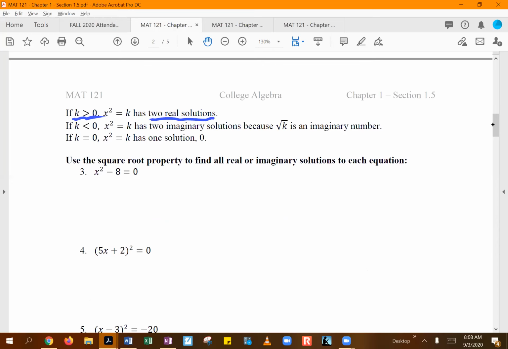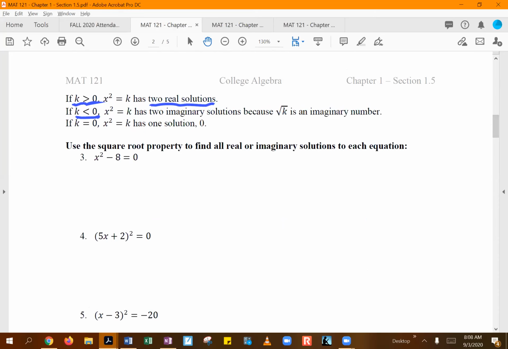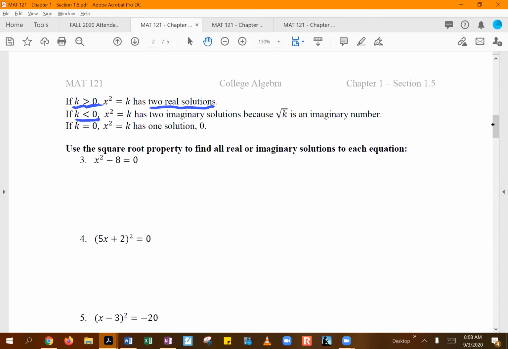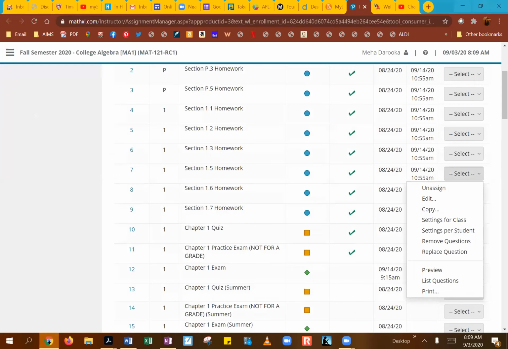If that k value happens to be negative, like what we have here in number 5, then we will end up getting two imaginary solutions, so they will have that imaginary number i as part of them. And if k is equal to 0, then you will only end up getting one solution. So depending on the value of k, you can see what our three different types of solutions might look like. Let's pick an example from our homework.